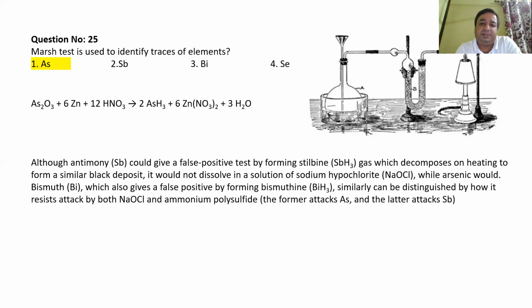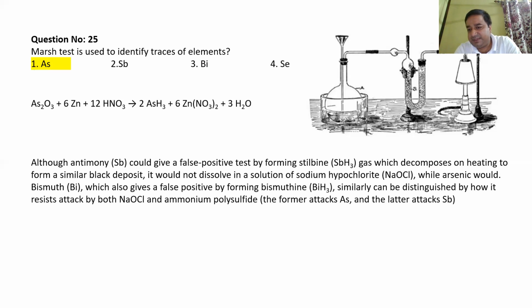Now, if he had to distinguish between all the 3, that is Bi, Sb, and As, then for that, the technique was that we have to treat with sodium hypochlorite and ammonium polysulfide. Sodium hypochlorite will be attacking arsenic and ammonium polysulfide will be attacking Sb, but it will have no effect on Bi.